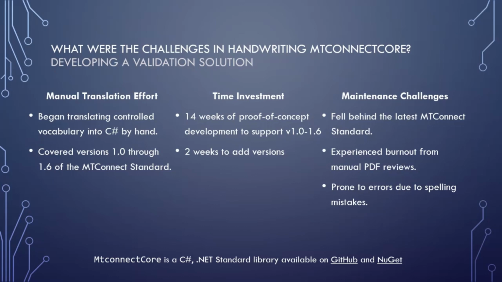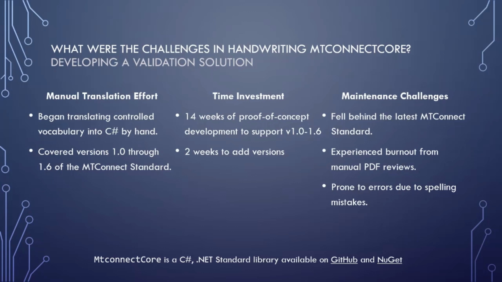So as we developed this custom library, it ultimately took us about 4 months to develop a working proof of concept library that was capable of doing all these things. Consuming a document, performing basic validation functions, and ultimately spitting out a report of what validation exceptions were found.